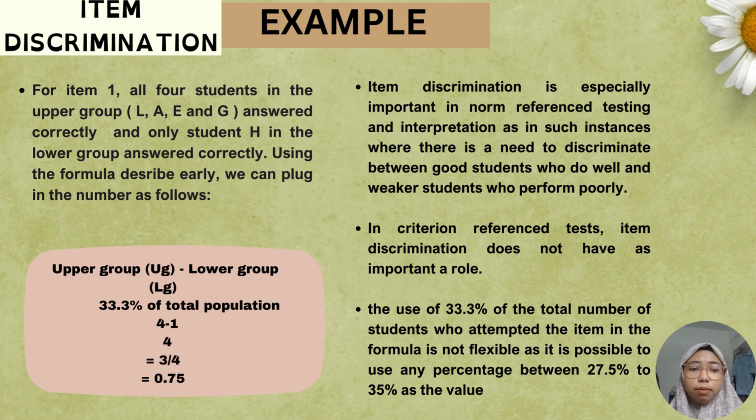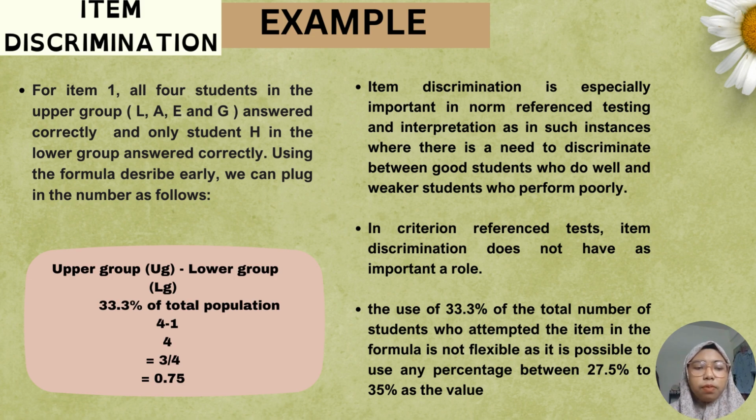Two points should be noted. First, item discrimination is especially important in norm-referenced testing and interpretation, as in such instances there is a need to discriminate between good students who do well and weaker students who perform poorly. In criterion-referenced tests, item discrimination does not have as important a role.